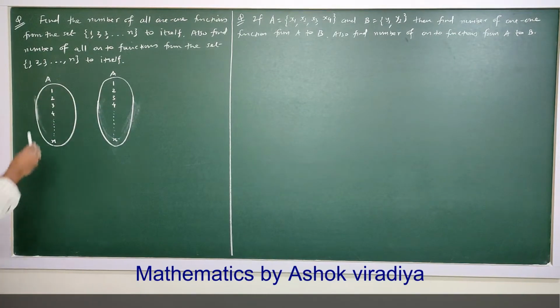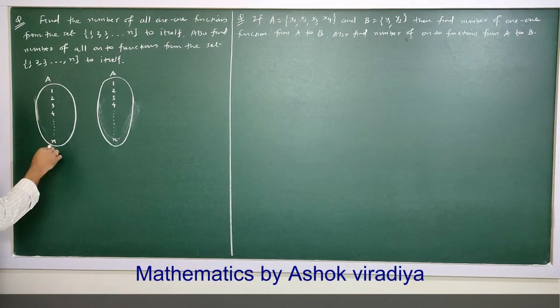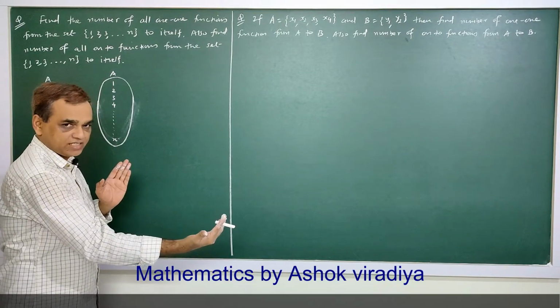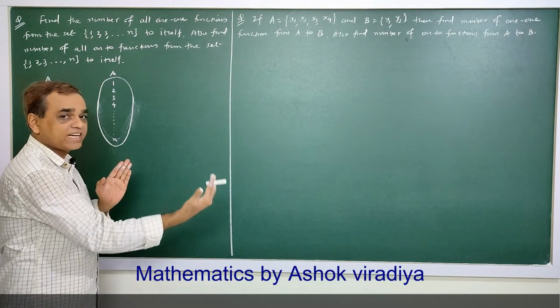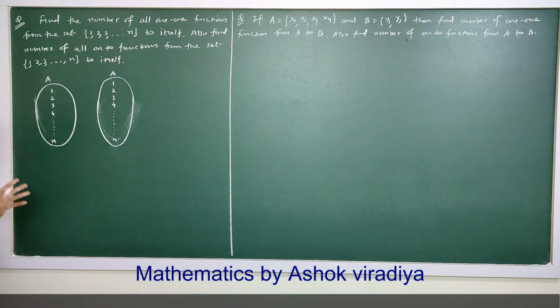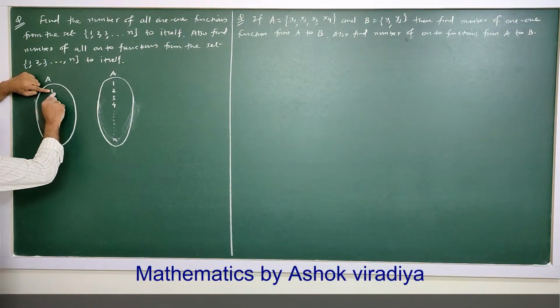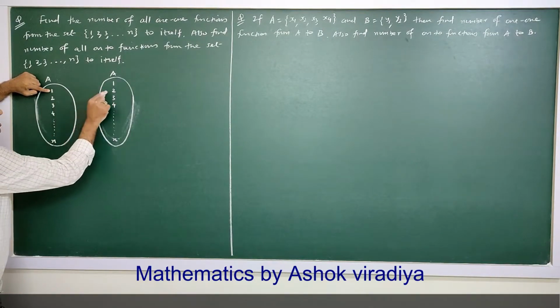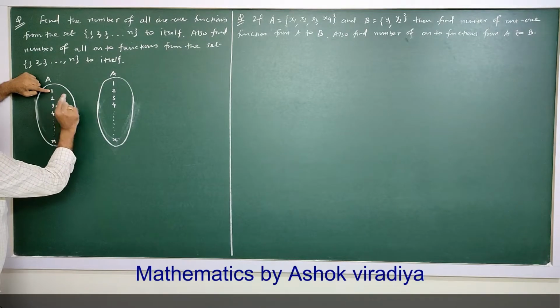See, in a function every element of the first set is associated uniquely with an element of the second set. So doing that procedure, 1 can be associated with 1, with 2, with 3, with 4.